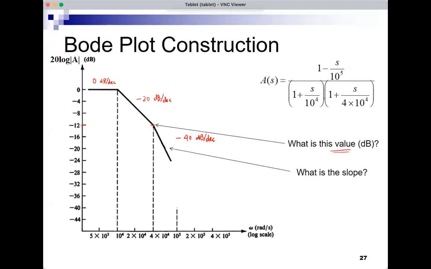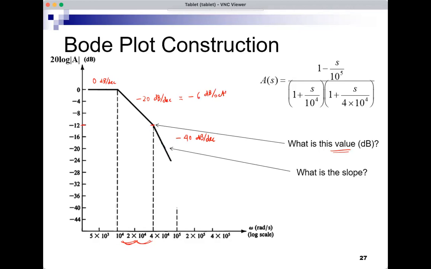Okay, so the first way to solve this is to notice that I have exactly 2 octaves between 10 to the 4 and 4 times 10 to the 4. This is the first octave, a doubling of frequency, and this is the second octave. And minus 20 dB per decade is minus 6 dB per octave.